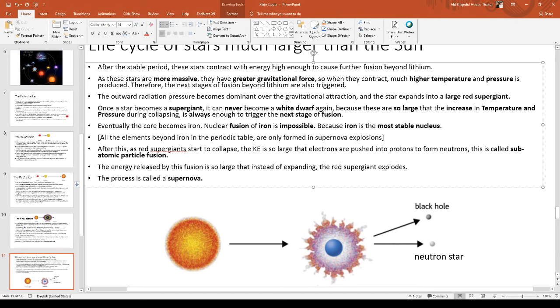It has something to do with the term binding energy, and if you calculate the binding energy per nucleon value of all the elements in the periodic table, and you draw a curve of binding energy on the y-axis and nucleus on the x-axis, you will see iron nucleus has the highest binding energy per nucleon value, and all other nuclei have lower binding energy per nucleon value than iron. Okay?